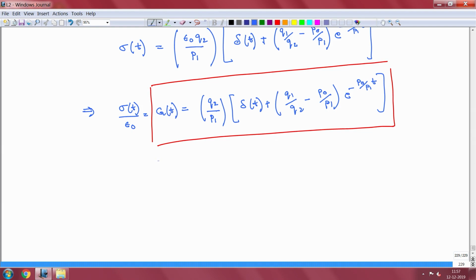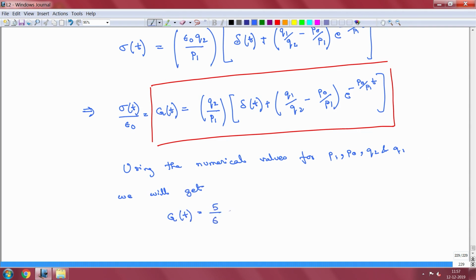So, using the numerical values for P1, P0, Q2 and Q1, we will get this GT as, okay, so this is the result that I got, and you are please invited to do this by yourself and check whether my expression is correct or not.